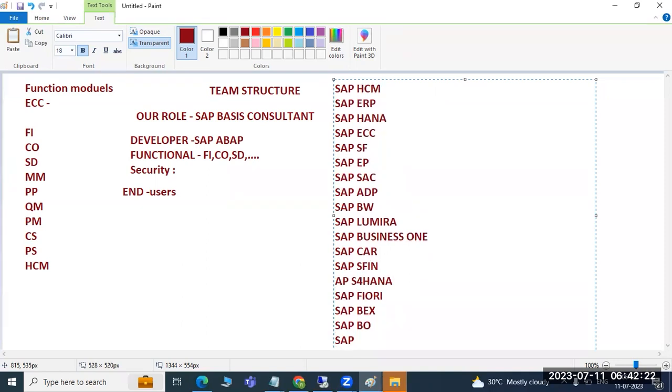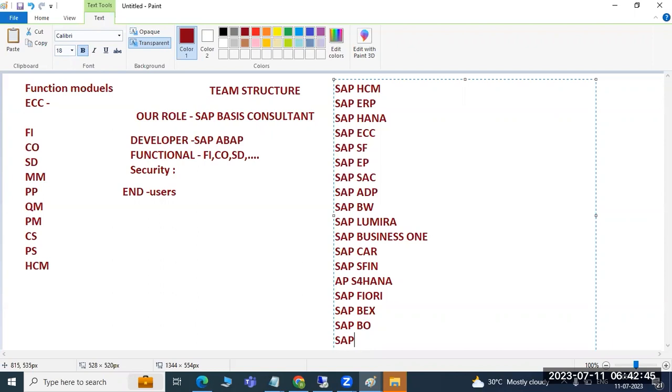Lumira, I mentioned. If I think about the cloud connector, so C4C, Cloud for Customer. S4 we mentioned, HANA we mentioned, PP, plant maintenance, production planning, and these all are products only.